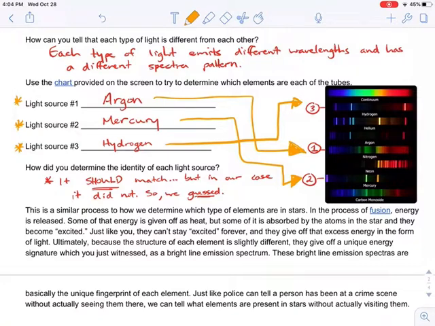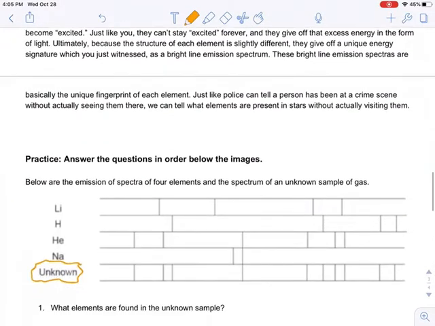Those excited atoms have their electrons jump from level to level, and as they fall back down into their original level, they give off light. And as they give off light, we can actually measure that light and see the wavelength and eventually get some data. This ends up being the fingerprint for that element.